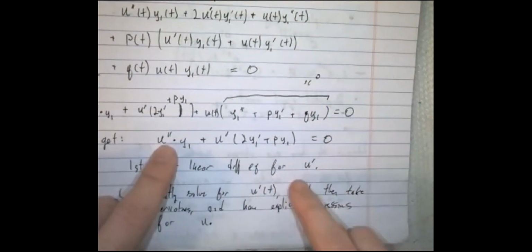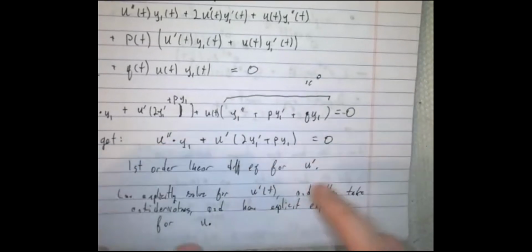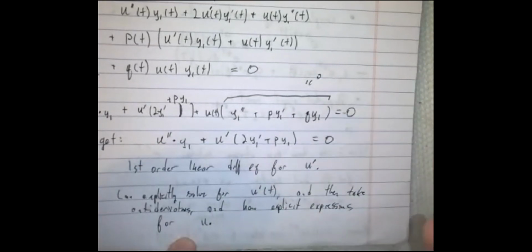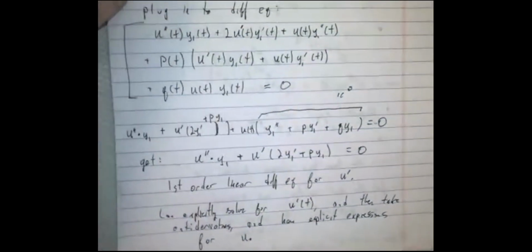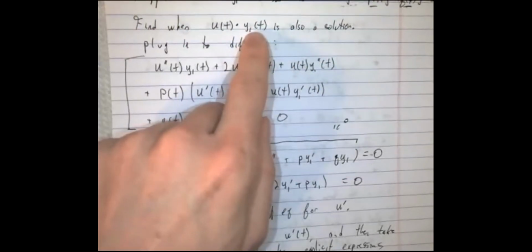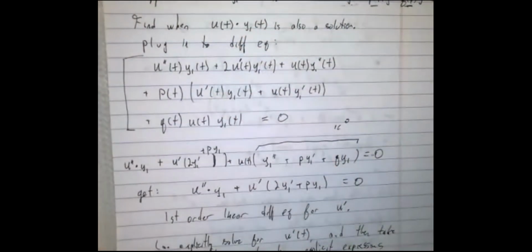So we can actually solve a first order linear differential equation, and then we can take an antiderivative and explicitly find, more or less, maybe not in terms of elementary functions, but as explicitly as could be hoped for, the function u such that u times y of t is also a solution, and thus produce our whole family of solutions.